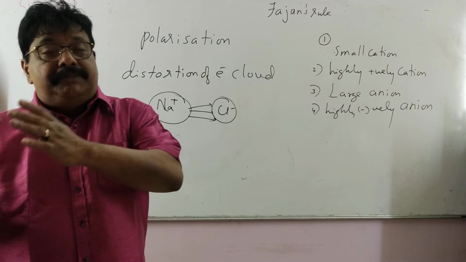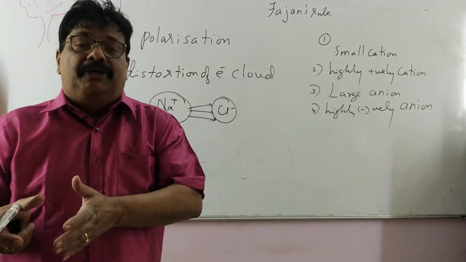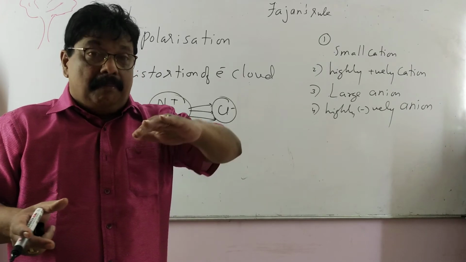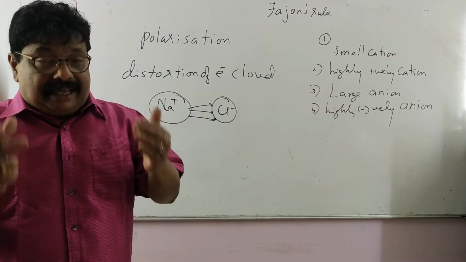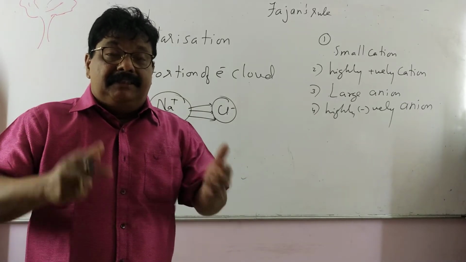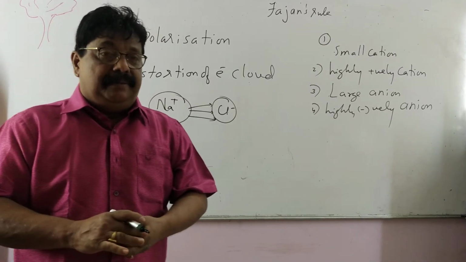Sodium, because of its bigger size, stays positive only. That is why it's an ionic compound. It is highly soluble in water, and its melting point and boiling point are very high. That's what we are studying.